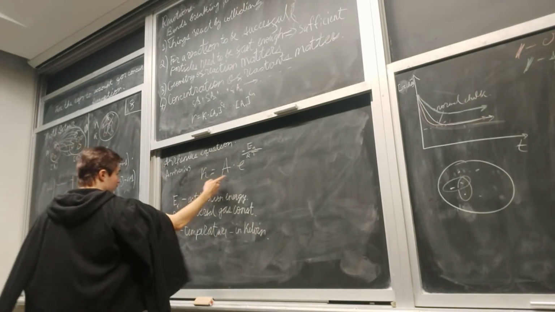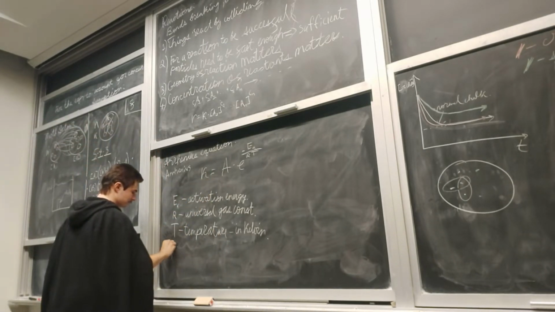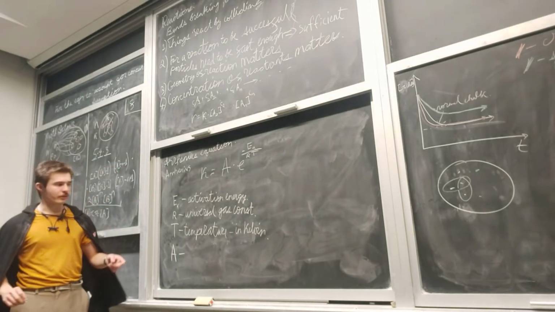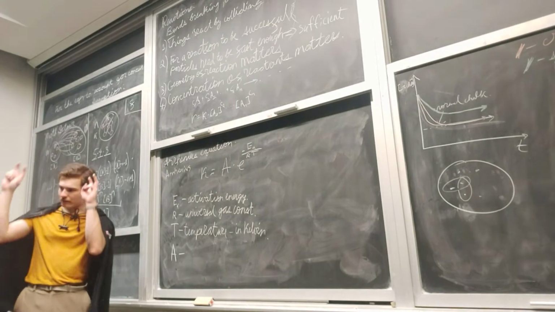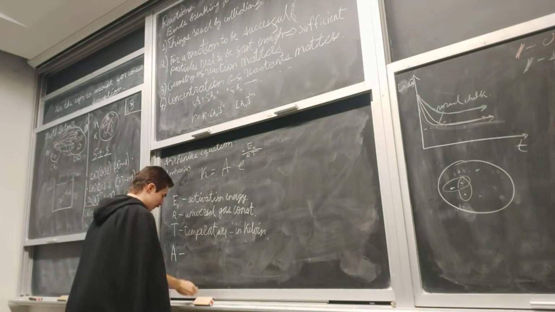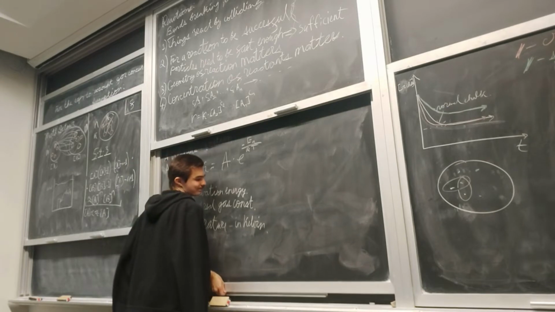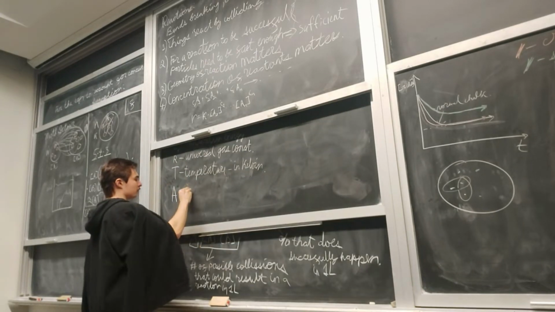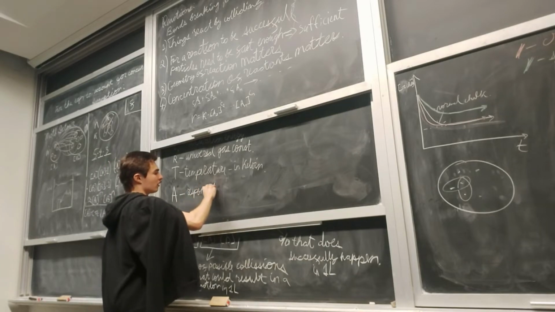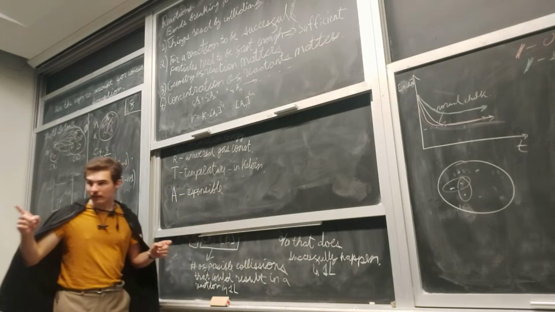Okay, that's great. Temperature in Kelvin. Now this mysterious constant A. This mysterious constant A is still mysterious. This is the constant that fixes the geometry of the reaction problem. It's just responsible for the geometry of the reaction. Wait, sorry. So you're using two other constants to find this K constant? Yes.